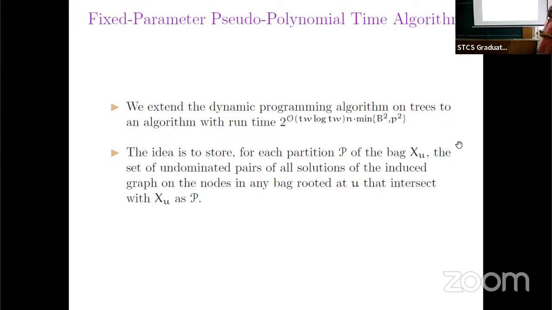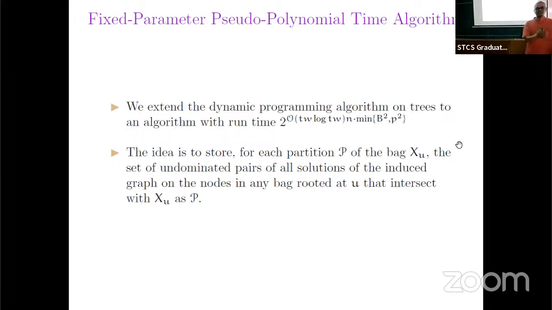And in this case, your graph is an arbitrary graph, but please ask the question first. The input is given as a tree decomposition. Yes, that's a very natural question.